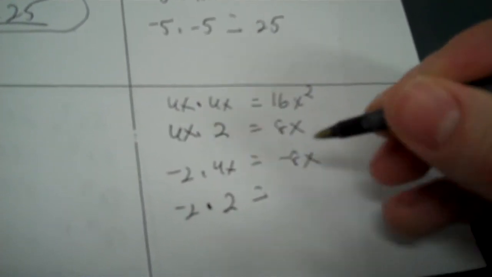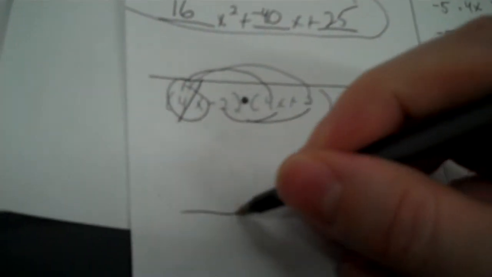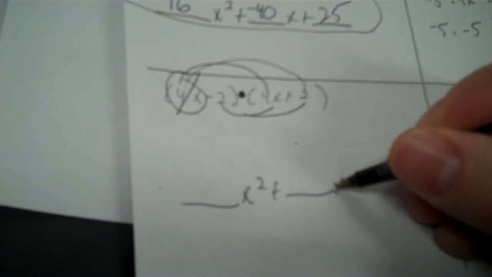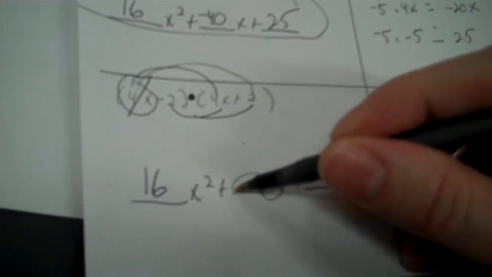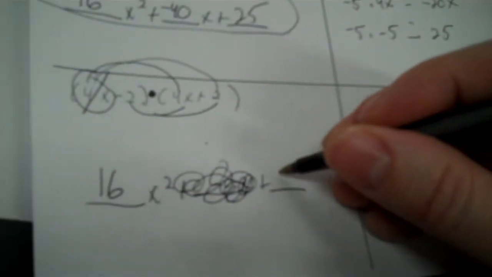Negative 8x, negative 4. Okay, those are like terms, so the degree is 2. So we have 16. 8 and negative 8 adds to 0, so let's just get rid of that. Okay, and then negative 4. 16x to the second plus negative 4.